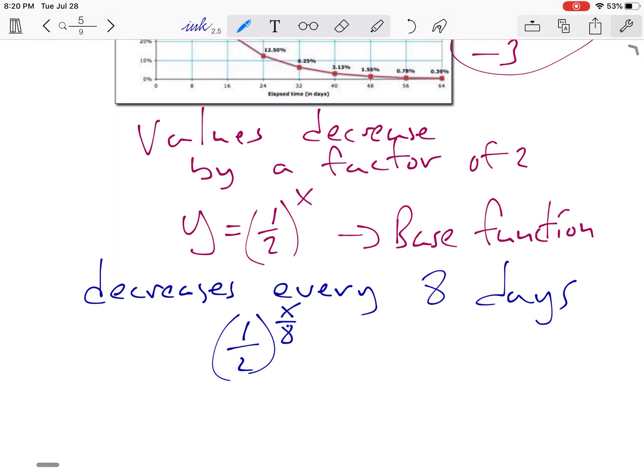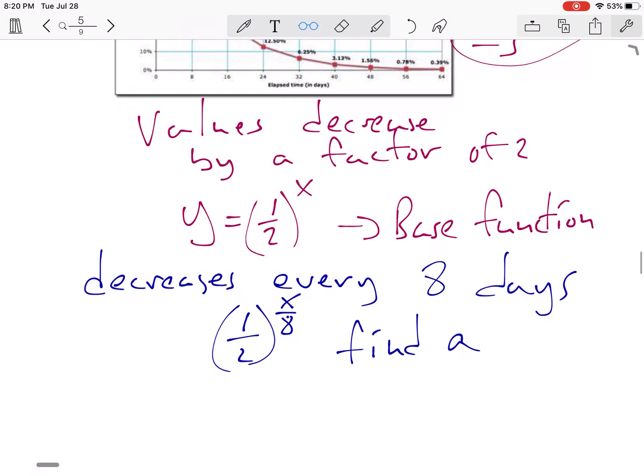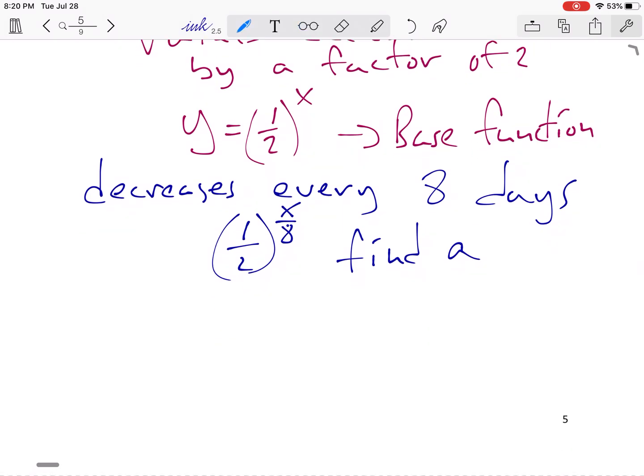Okay, and now what we have to do is find a. The way you can find a is you can use a coordinate. It doesn't matter which one you want to use. So let's say we use the first one, which is 0, 100.